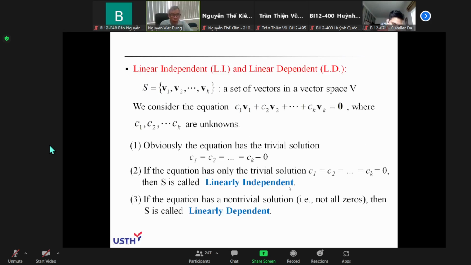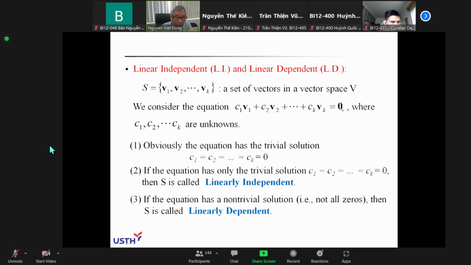And then we go to the notion of linearly independent and linearly dependent. Suppose that we consider the set of k vectors v1, v2, vk, and we consider one equation c1 v1 plus c2 v2 plus ck vk equals 0.